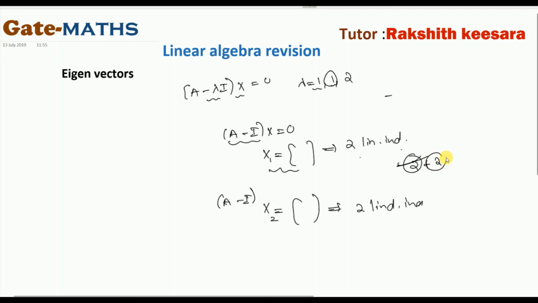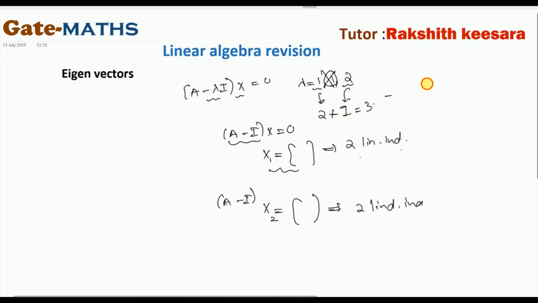Why? These two vectors are again coming from those two vectors. Both are same. If it is having two linearly independent eigenvectors, then leave this and directly go for the next. If it is having one linearly independent eigenvector, the total number of linearly independent eigenvectors is 2 + 1, that is equal to 3, right?